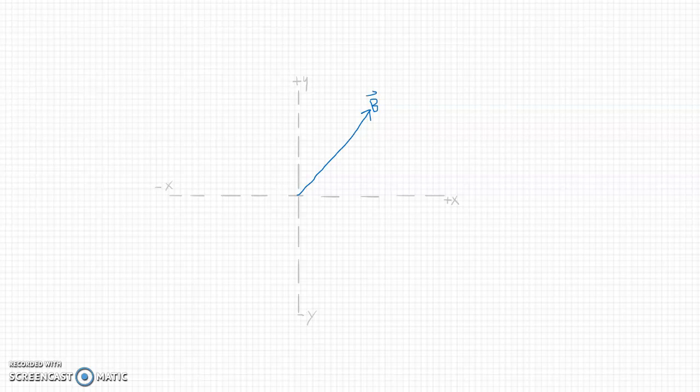In your math class, you would have had your axes: the positive x-axis here, the positive y, the minus x, and the minus y. Probably in your math class, you also said that this was 0 degrees, and you would start at this spot and rotate around this way, and you'd find some angle here.